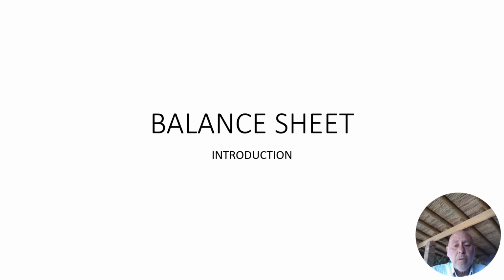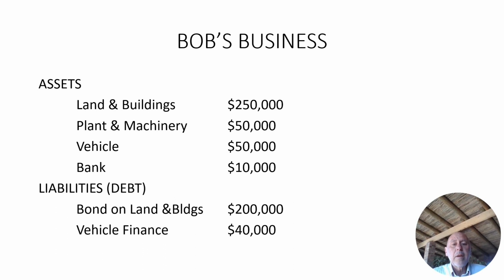Right. So we're going to base this presentation on the same person, Bob. We're going to use basically the same numbers, but I'm just going to change those numbers slightly to make it more business-like. So let's have a look.